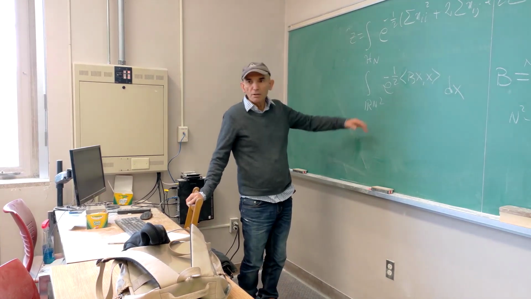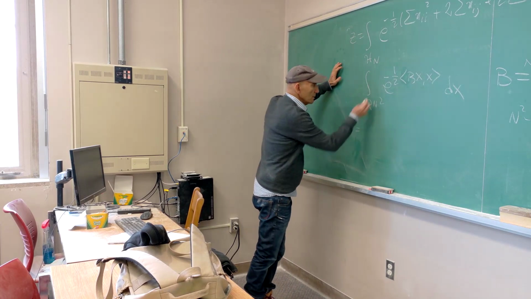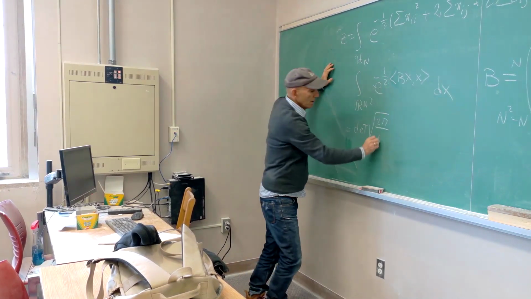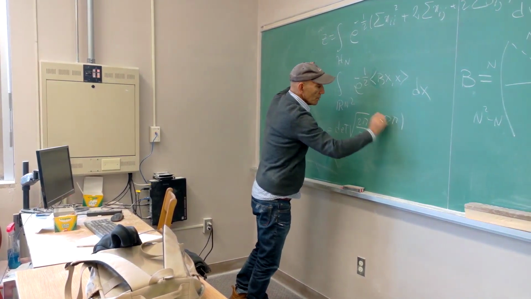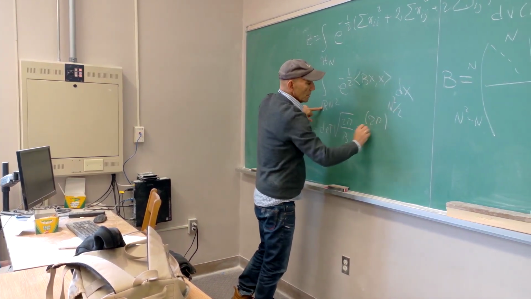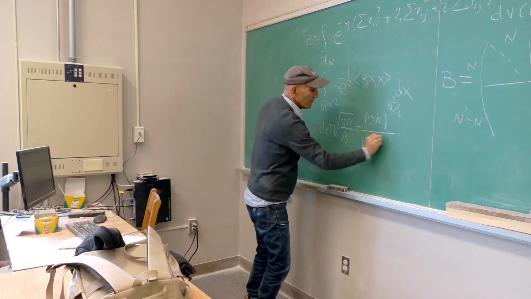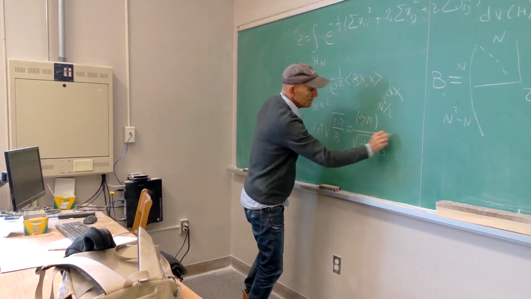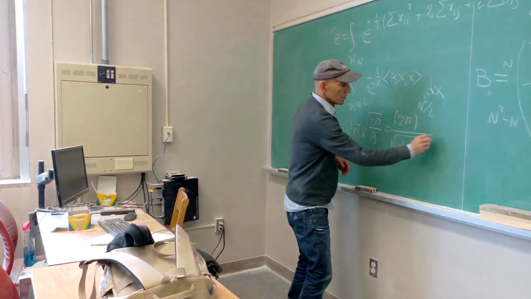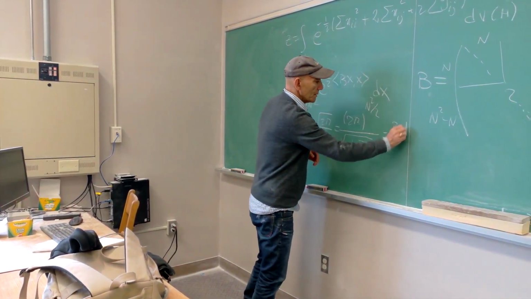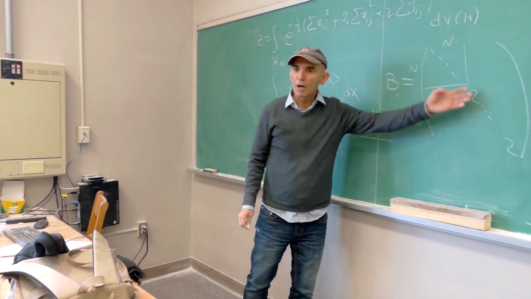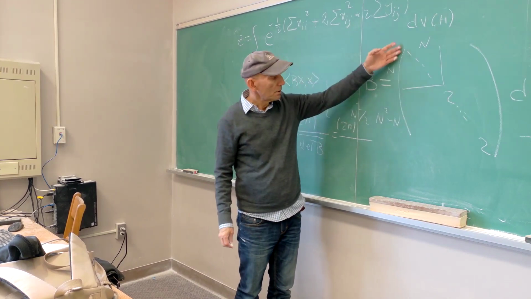Okay, but we have a formula for the Gaussian, which is the value of this: 2 pi to the power d over 2, where the dimension of the space d is actually n squared, so it's n squared over 2, divided by the square root of the determinant of B. So then this is equal to 2 pi to the n squared over 2 divided by 2 to the power (n squared minus n) over 2, and times this one.